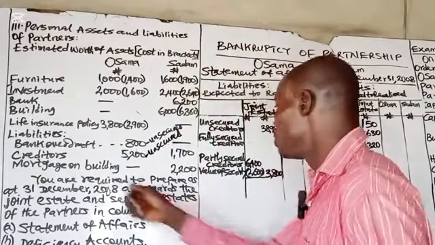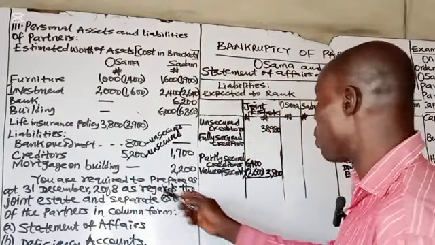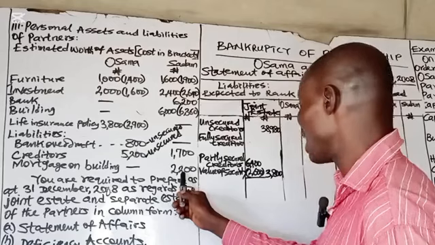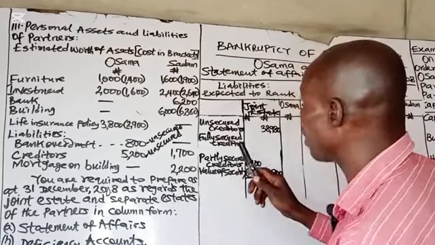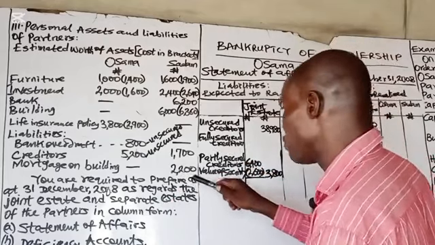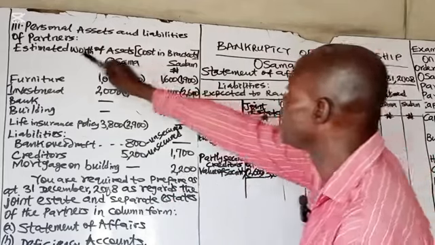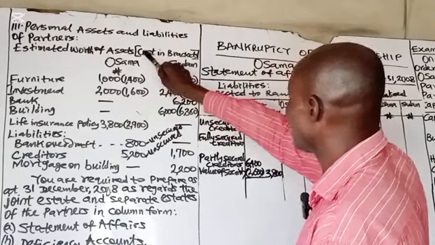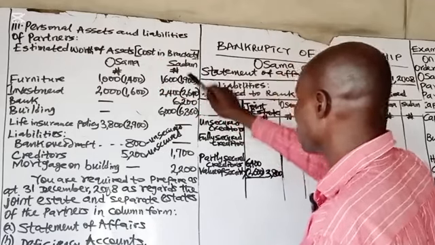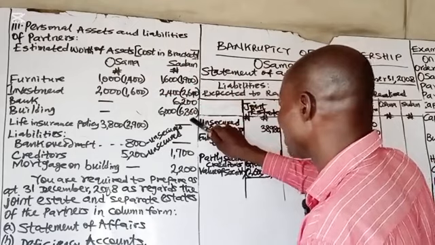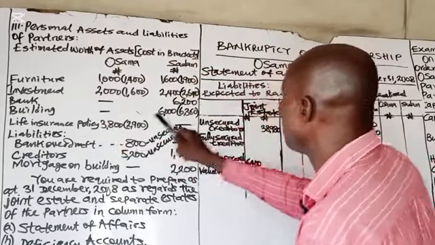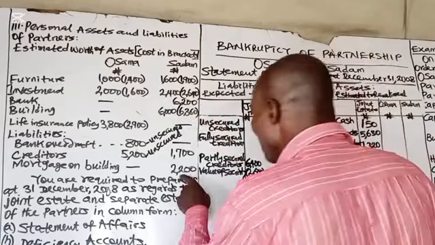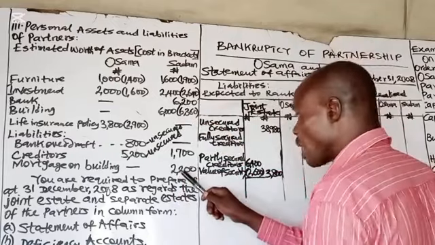But mortgage on building, that is to show that the building was used as collateral. So how much is the realizable value of the building? I've told you what you need is the realizable value, not the book value. You were told the estimated worth of assets, cost is in bracket. So those in bracket are the cost of the asset. That shows that the realizable value of the building is 6,000. You compare it with the amount of the liability, 2,200.